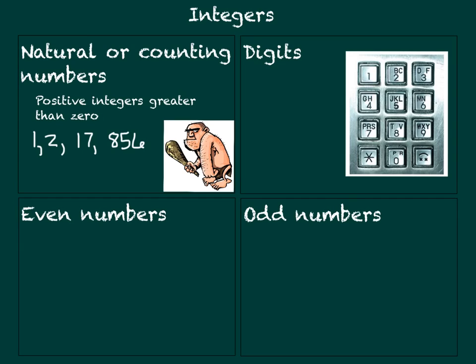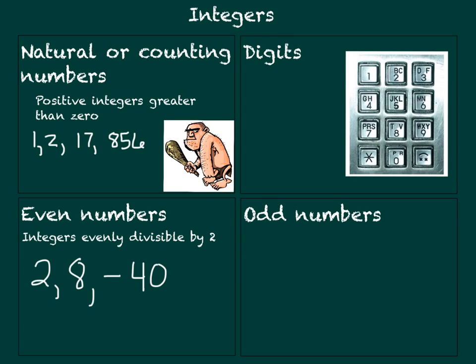And then we have even and odd. Hopefully you know the difference between even and odd. However, it is important to note right now that 0 is neither even nor odd. Our even numbers are divisible by 2, like 2 and 8 and -40.